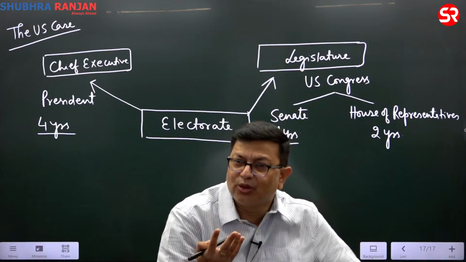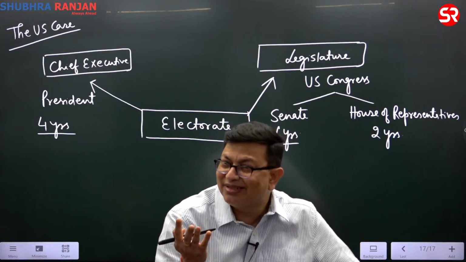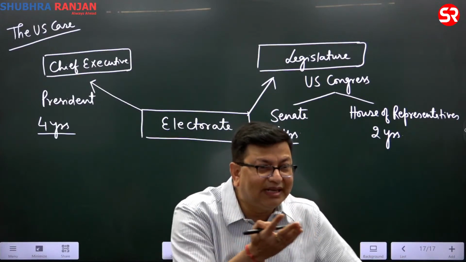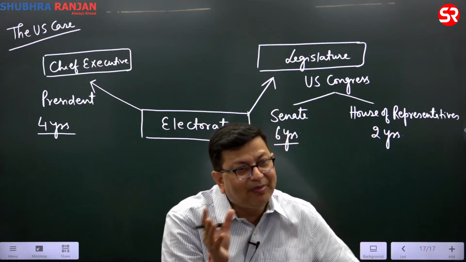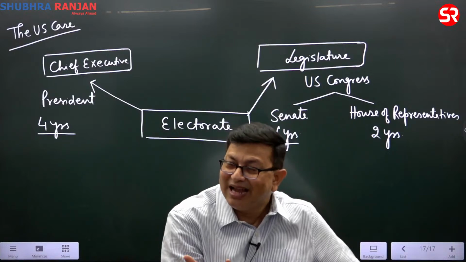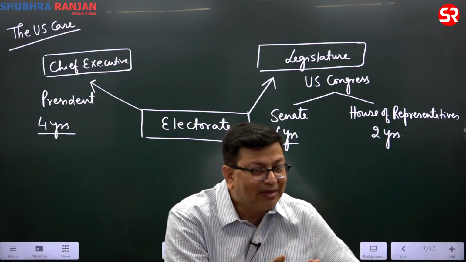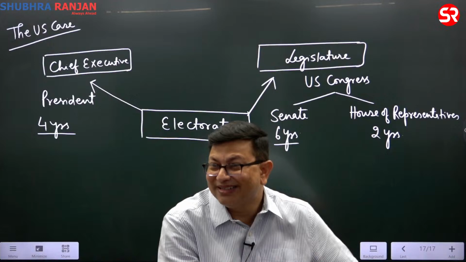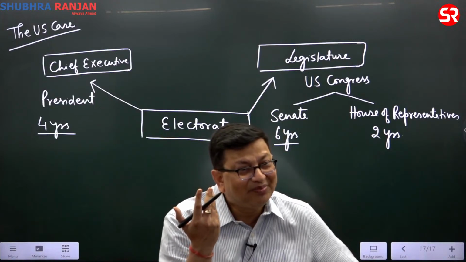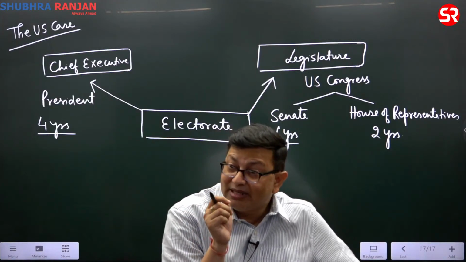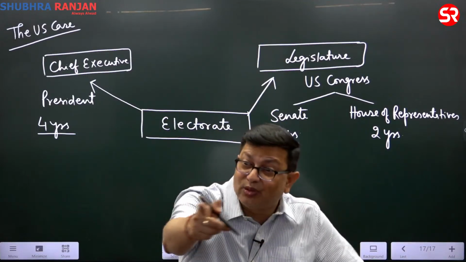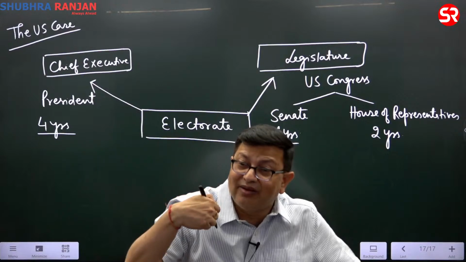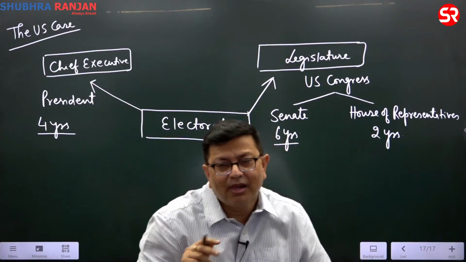The bills will be introduced by the members themselves, that is the House of Representatives and the Senate. The bills will be passed by both the houses, and then it will be presented to the president for his assent, as the head of the state. So, the ministers cannot initiate a bill. They will not be taking part in the proceedings as the ministers in our country do.